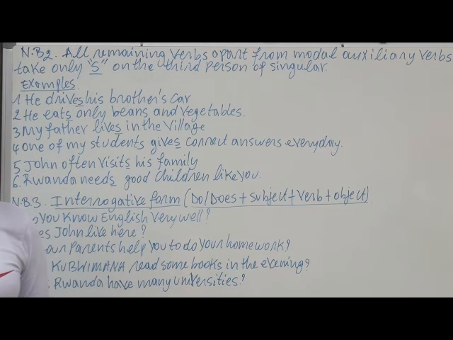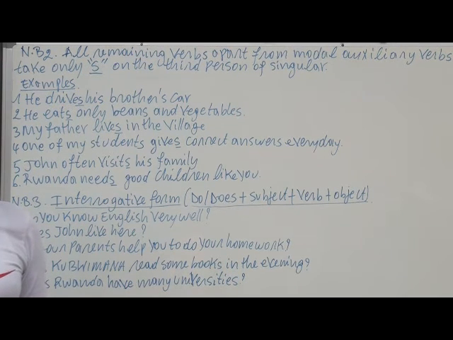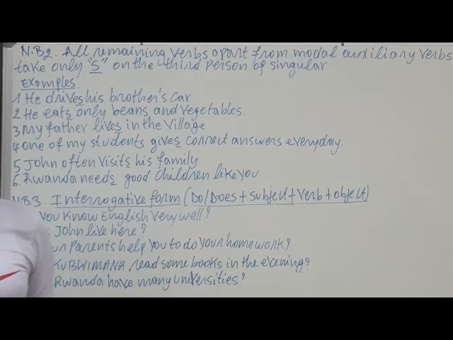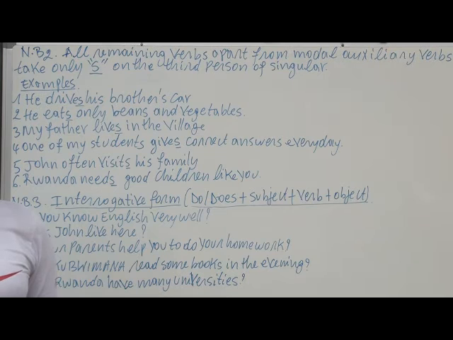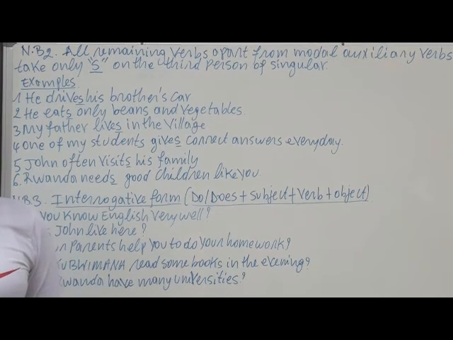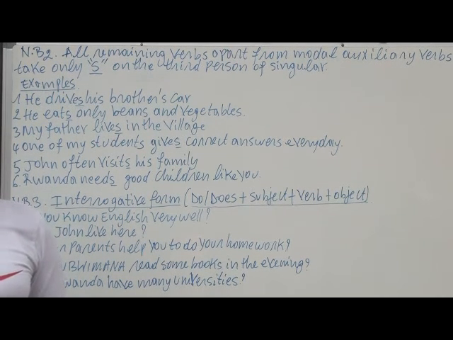But we have exceptions. Modal auxiliary verbs don't take anything. You shouldn't add anything on modal auxiliary verbs like can, may, must. We cannot say he cans run. This wouldn't be English. Or she musts pay me.